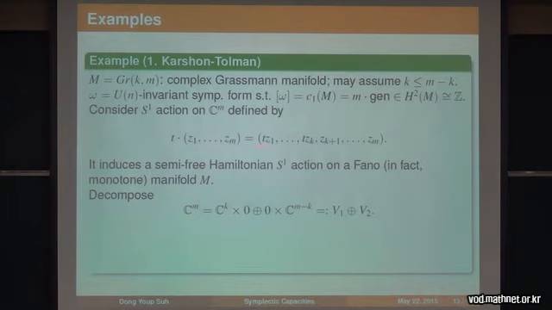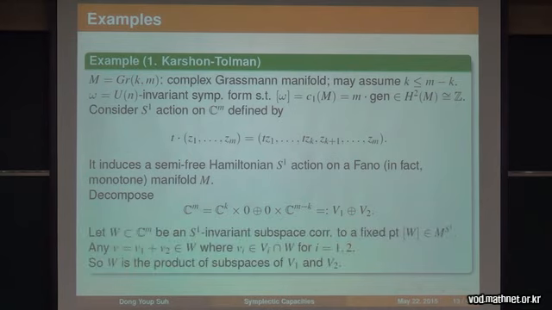C^m into the first k factors times 0 plus 0 times C^(m-k), like V1 plus V2. The element of the Grassmannian manifold is a k-dimensional subspace, right?